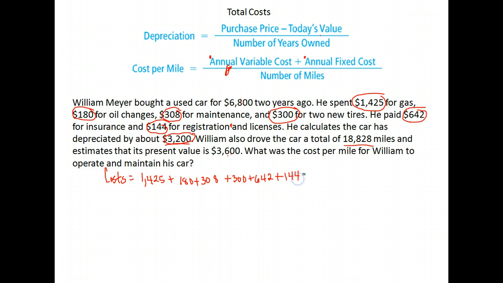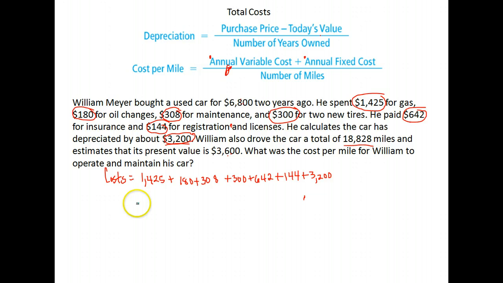So we add everything including the depreciation. Those are our costs. So 1,425 plus 180 plus 308 plus 300 plus 642 plus 144 plus 3,200.